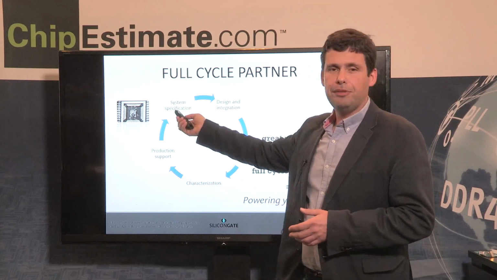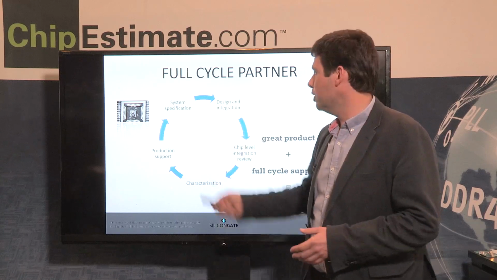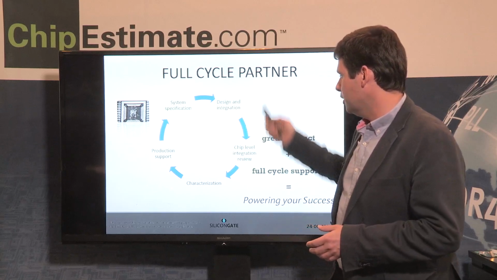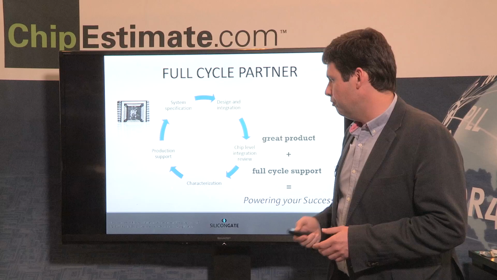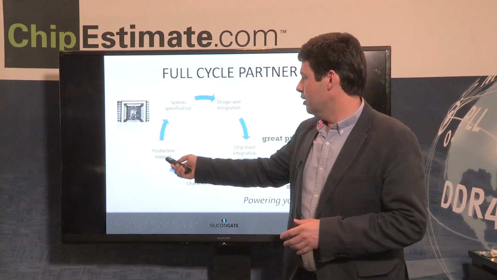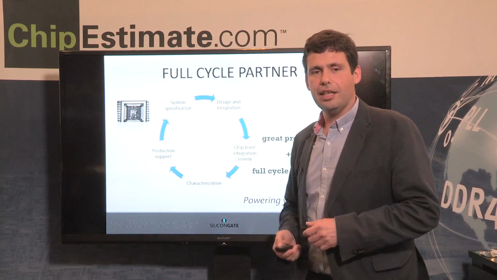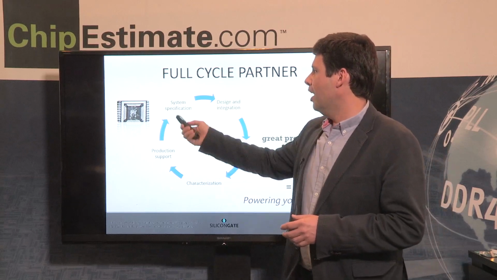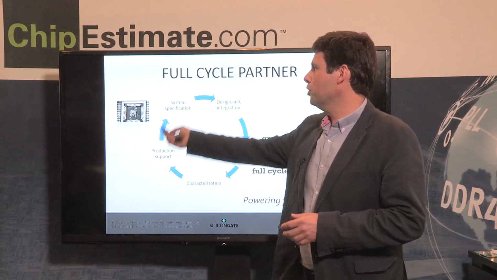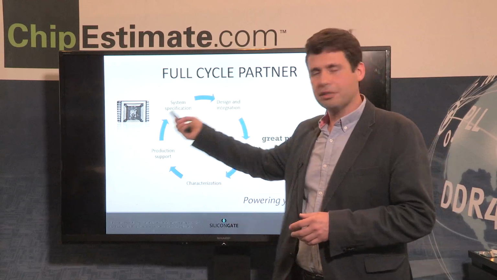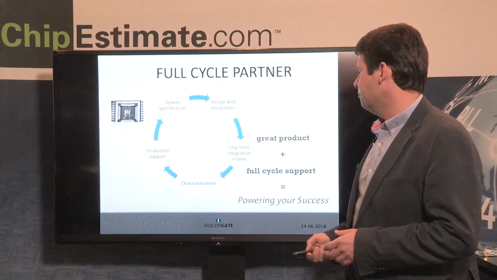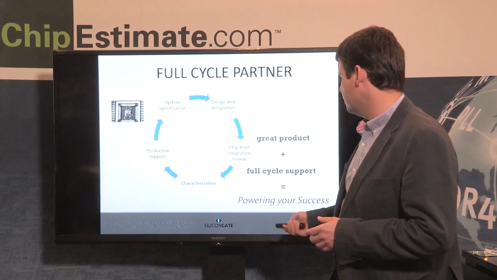So from the system specification, when we work with the customer specifying the PMIC, design and integration, chip level integration review, then the characterization, the production support with the test guidelines, with the replication in the lab of the same procedures, and again, with all the support, we can close the system and go for the next round with the customer for the next product with new features and new improvements for the next cycle.